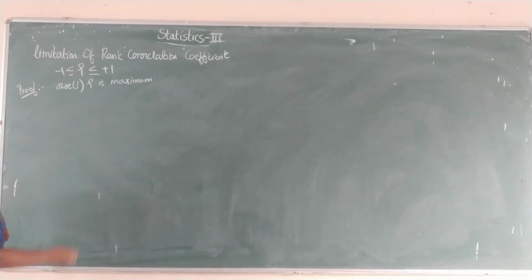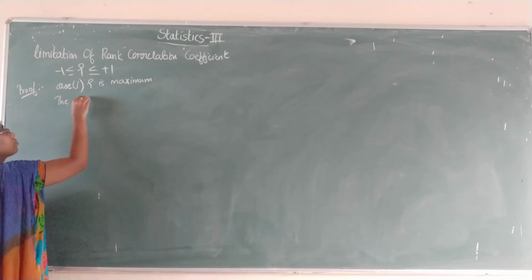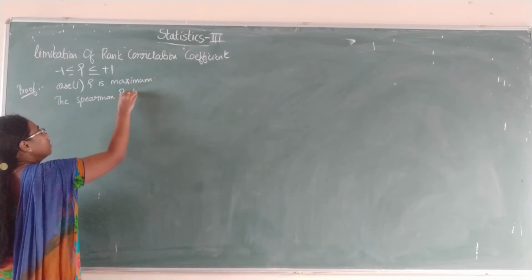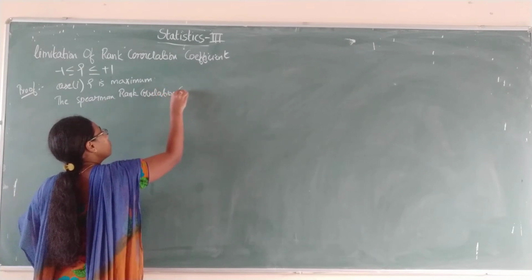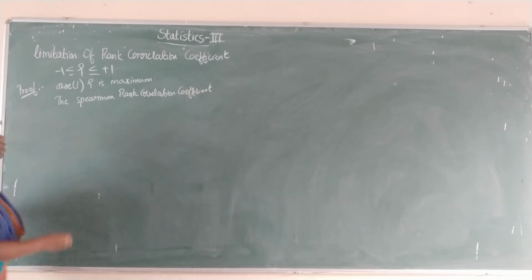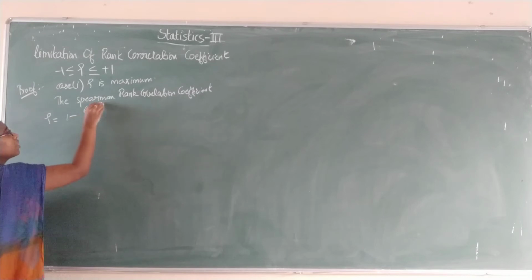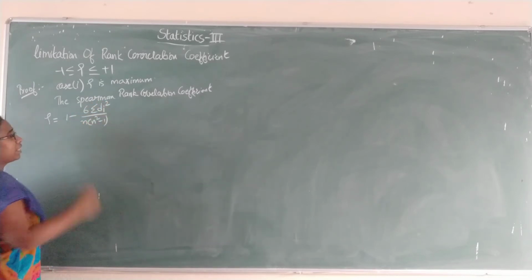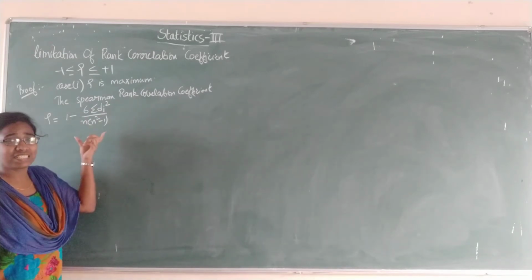For this, first write down the Spearman rank correlation coefficient formula. Rho equals 1 minus 6 summation di square by n into n square minus 1. Here you are having 1 minus some value.